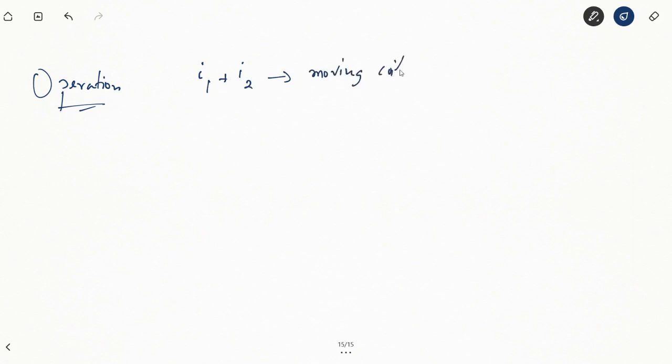I1 is the current flowing through fixed coil 1, I2 is the current flowing through fixed coil 2. Since both are connected to the supply voltage at the same end, and the current path flows through the moving coil, the total current flowing through the moving coil is I1 plus I2. So the torque induced on the moving coil will be proportional to the sum of the currents I1 plus I2.